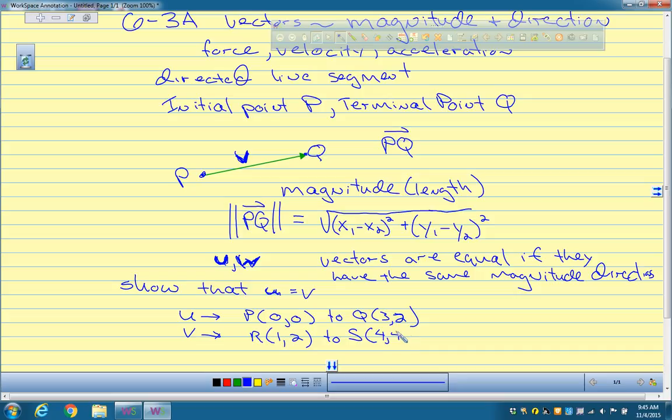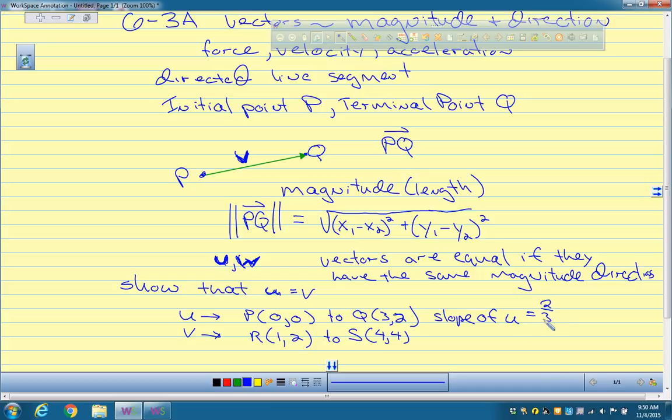Okay? So the first thing you have to do is find the slope. By finding the slope, you can show that they're going the same direction, right? You find the slope just like normal slope: y2 minus y1 over x2 minus x1, so that's 2/3.